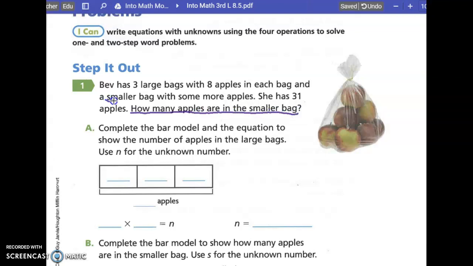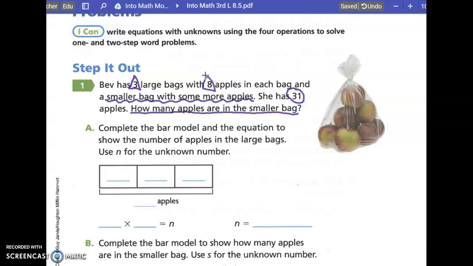It doesn't tell us. It tells us the total number of apples, and it tells us she has 3 large bags of apples with 8 apples in each bag. So is this going to be a 1 or 2-step problem? 2. It says complete the bar model and the equation to show the number of apples in the large bags. Use n for the unknown.